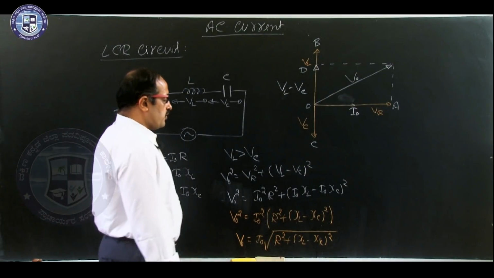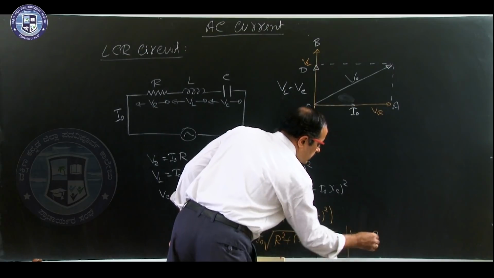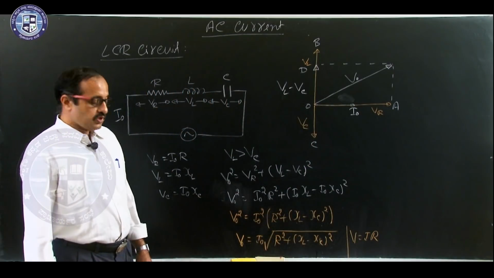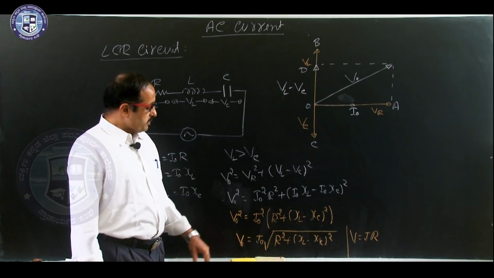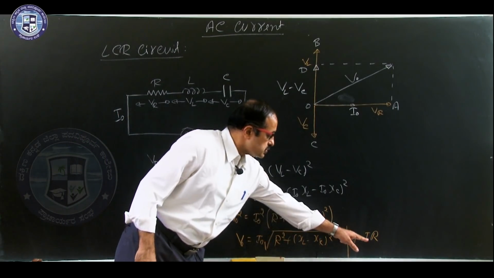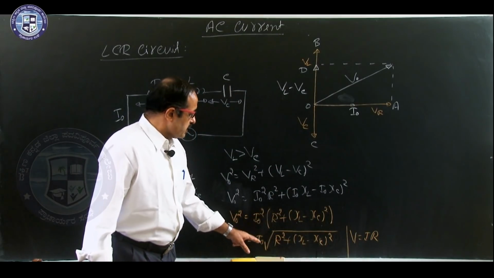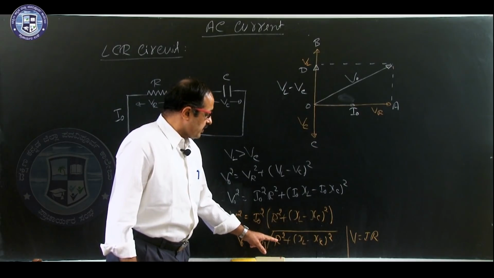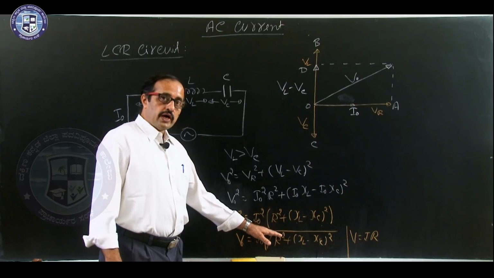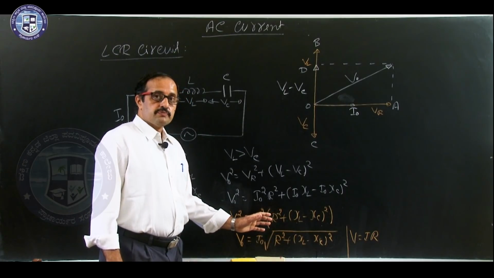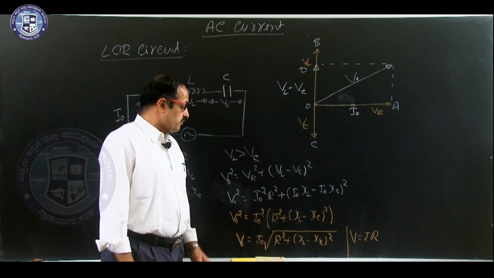This can be compared with Ohm's law, that is V equal to I R, just as a comparison. If you compare, here it is V naught, so the same type of terms, here current, here also current, and here resistance is there. In that position you have the term square root of R square plus XL minus XC whole square. Therefore, the term inside the square root represents the total opposition of the LCR circuit for the flow of AC.